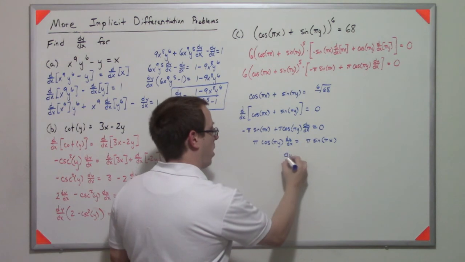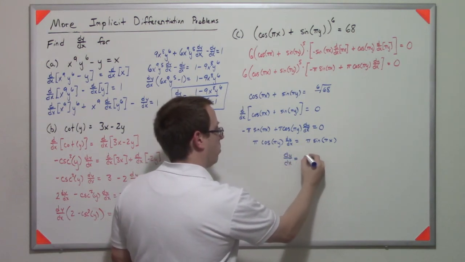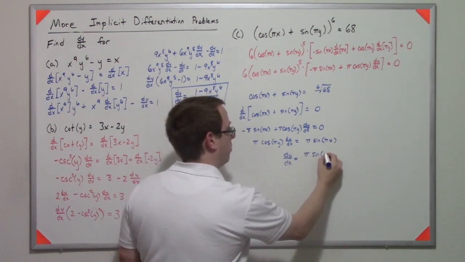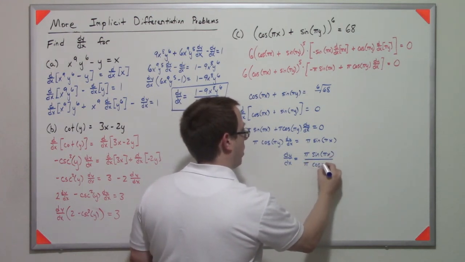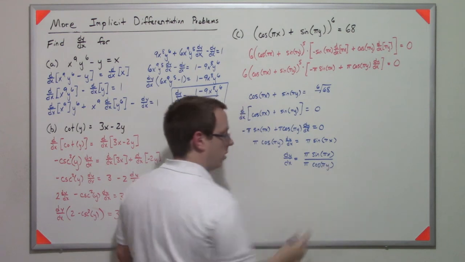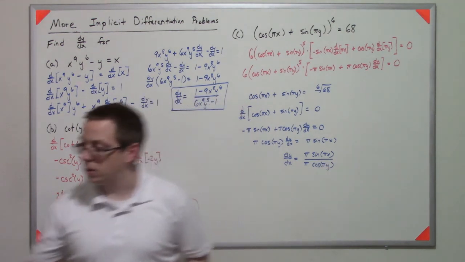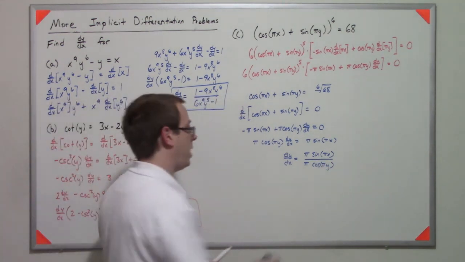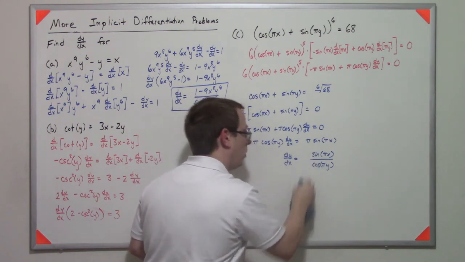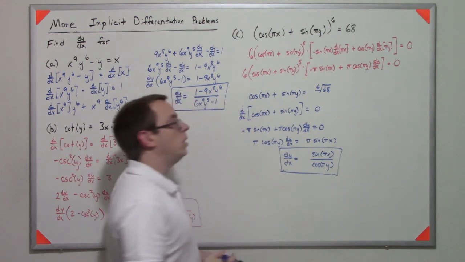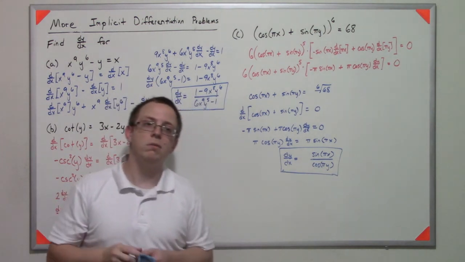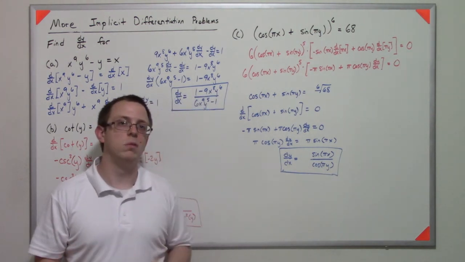We end up with dy dx equals pi sine pi x over pi cosine pi y. But we don't need the pi on top and bottom because they cancel. So, much easier if you work smarter, not harder.